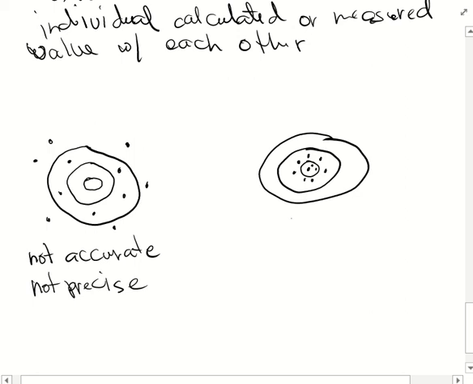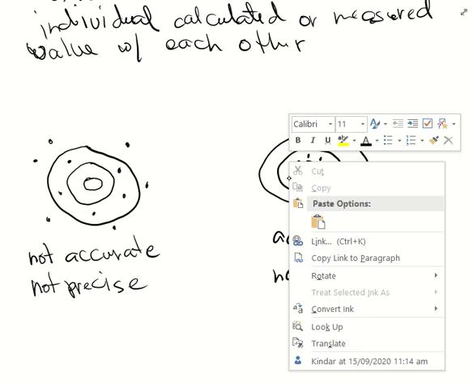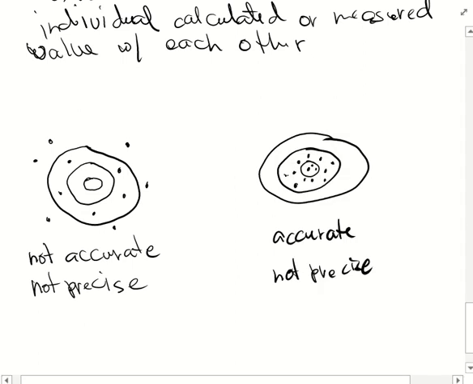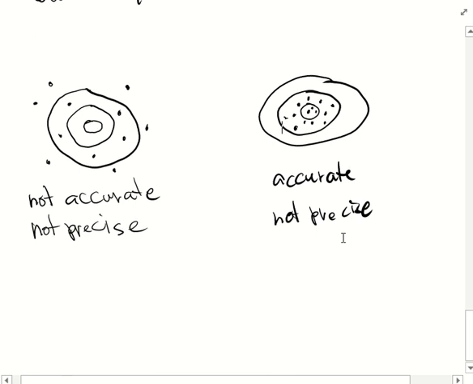So we can say that this is accurate. My marksmanship is accurate, but we can also say that it's not precise. Why? Because the distance between these marks are far from each other, and that's the definition of precision. So it's not precise.